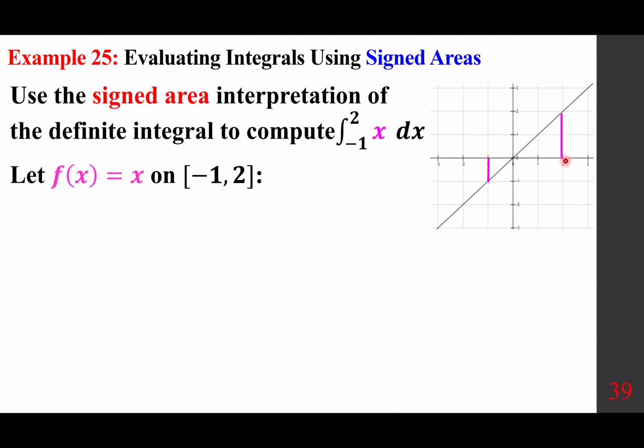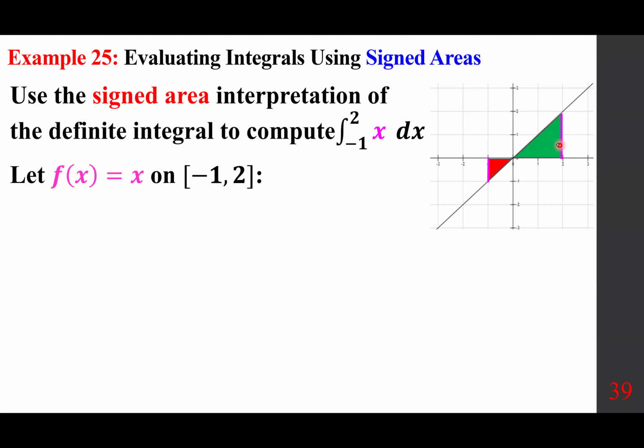So what we want is this area actually minus this area. And here's the reason. The portion above the x-axis is considered positive, below the x-axis negative, therefore we want the difference of areas.